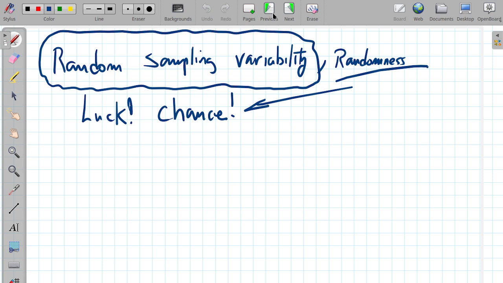Later on in this course, we'll talk about type 1 and type 2 errors in hypothesis testing. And luck and chance, random sampling variability, are front and center in that discussion, because you can do a statistical survey of some population by taking a sample, and 99 times out of 100 everything will work fine, but you cannot escape statistical blips.